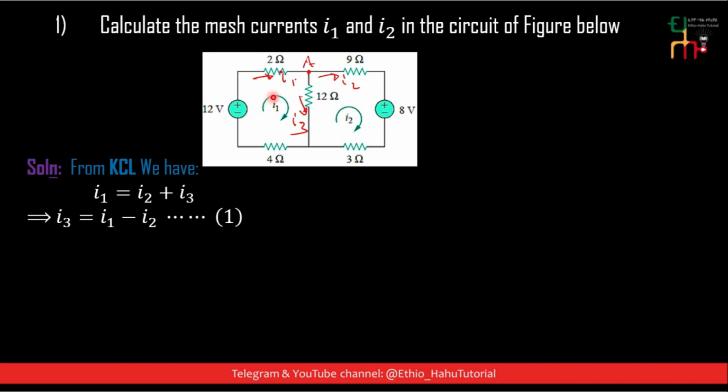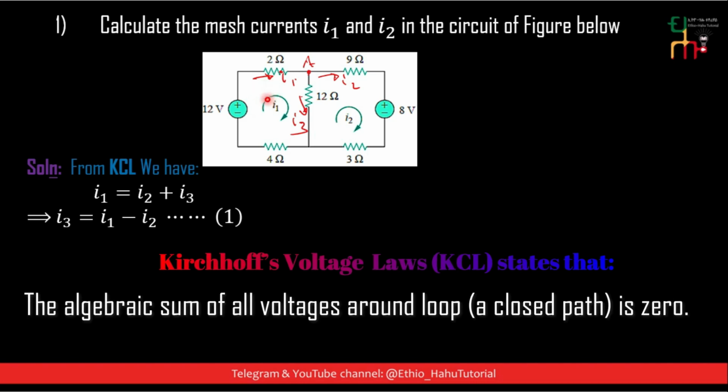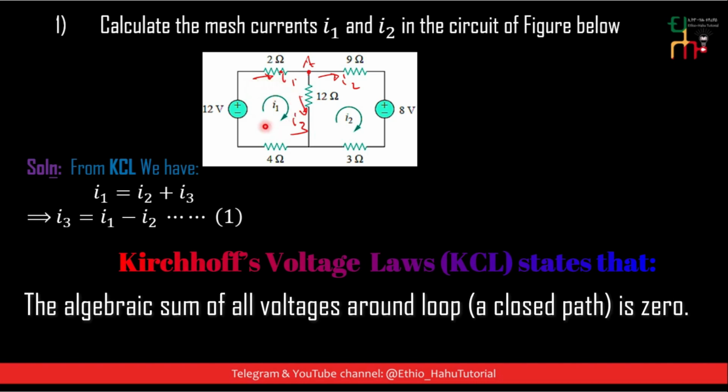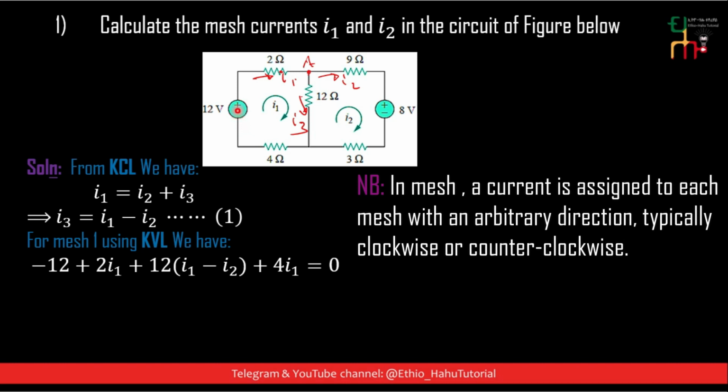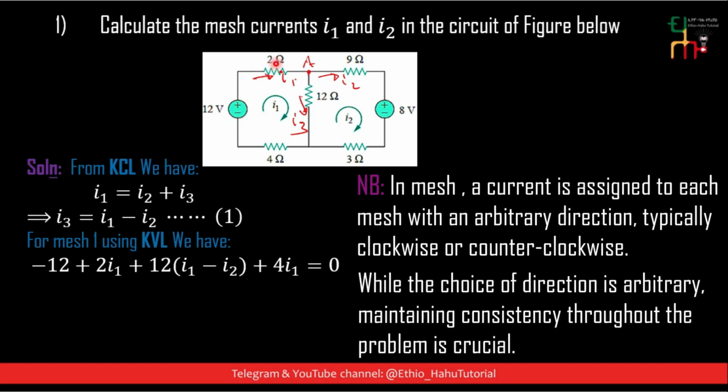Now let's apply Kirchhoff voltage law for this mesh one. Kirchhoff voltage law ምንድነው የሚለን? The sum of the voltage in a closed loop equals 0. ስለዚህ ይሄኛውን አፕላይ ብናደርግ ምን እናገኛለን ማለት ነው? Minus 12 volts, the current through this 2 ohm resistor is I1, so plus 2 times I1.